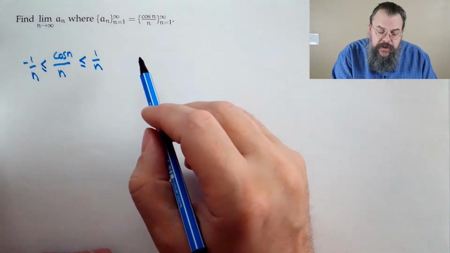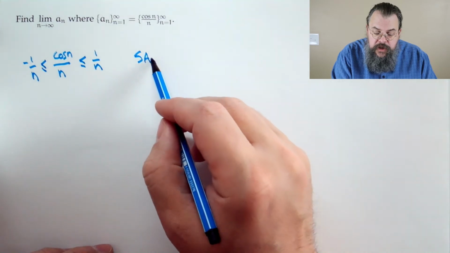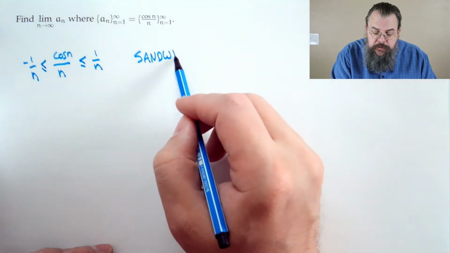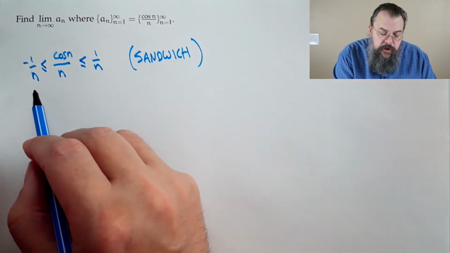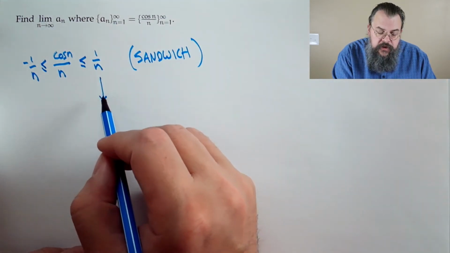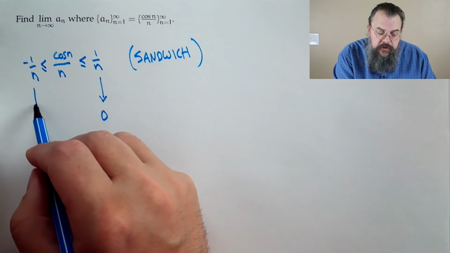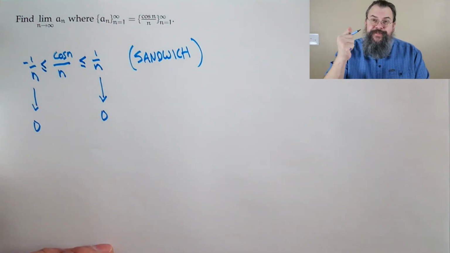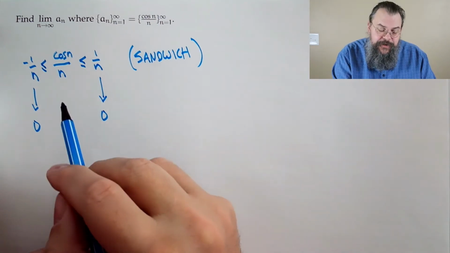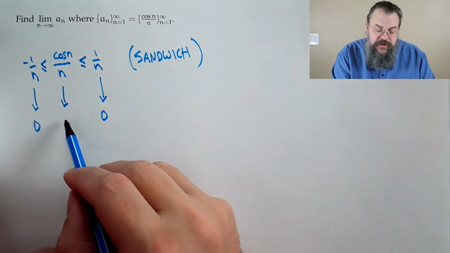Now, here's our idea. We're really using our sandwich theorem. And what do we get? Well, 1 over n goes to 0. Minus 1 over n goes to 0. We have that rigorously proved. And therefore, this also goes to 0.